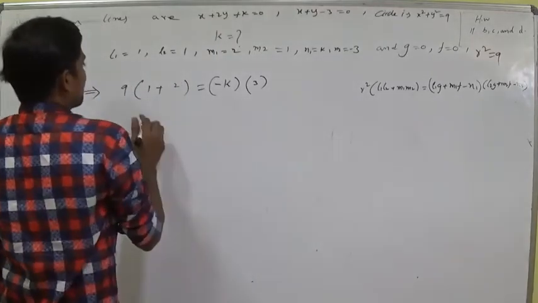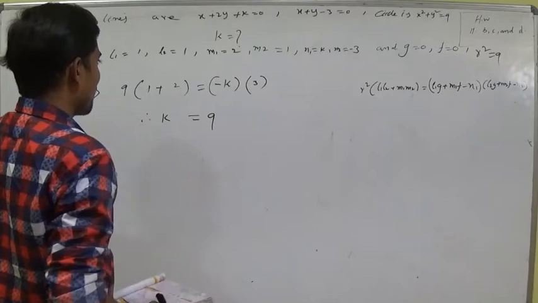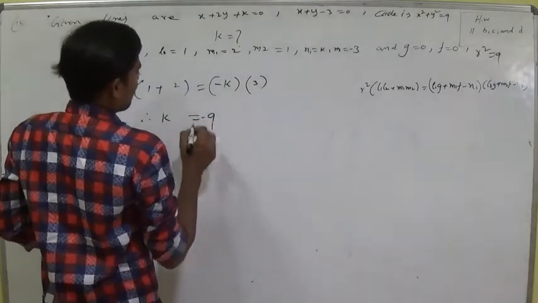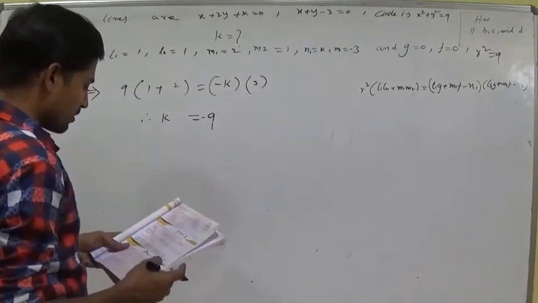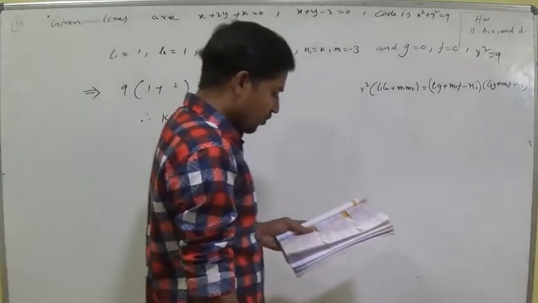Therefore k equal to minus 9. Now next one, the 14th one.